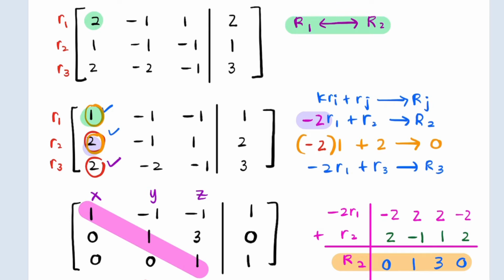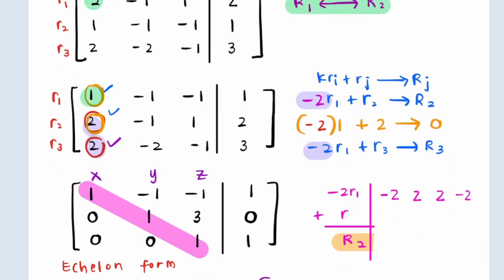Next, let's do this one. We want to use 1 to make this also 0. So what should we multiply to 1, so that when you plus 2, you get 0? Again, we'll find the value of negative 2. So negative 2 times row 1 plus row 3 put at the new row 3. Now let's do the calculation right here. Negative 2 R1, we want to plus R3.